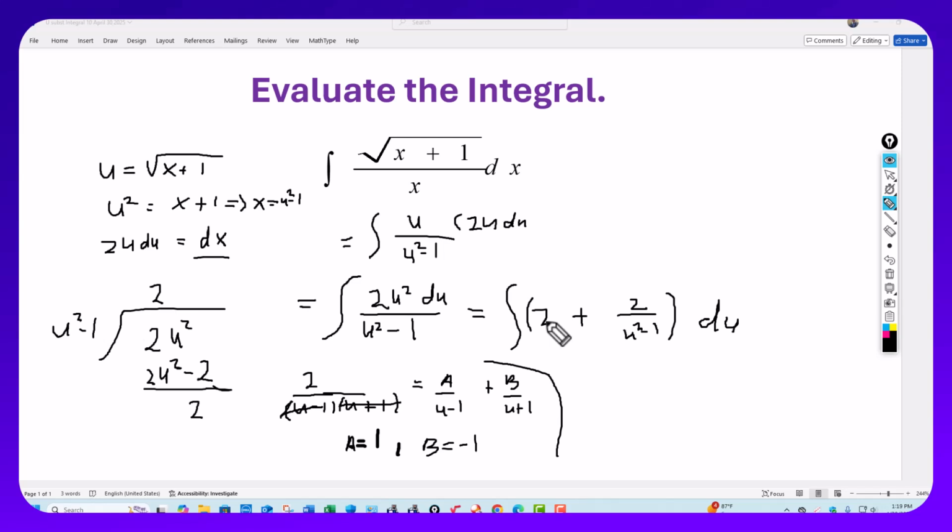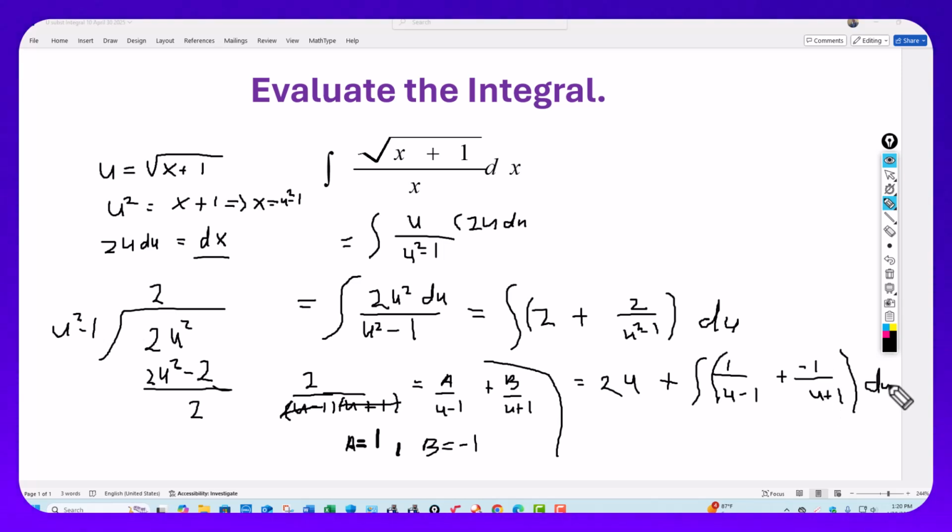So we integrate with respect to u. For the 2 there, this would just be 2u. And then this will be plus the integral of A over u minus 1, and A we know is 1, so this will be 1 over u minus 1. Plus B over u plus 1, but B is negative 1, so this will be negative 1 over u plus 1.